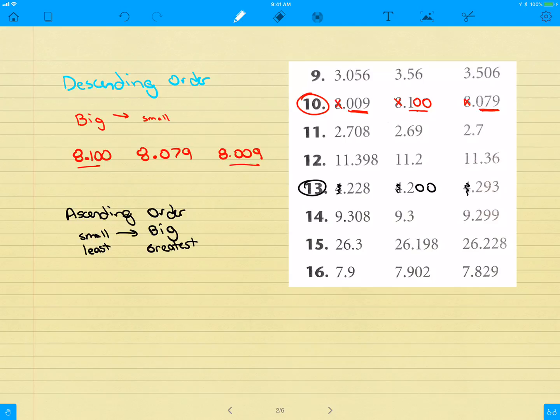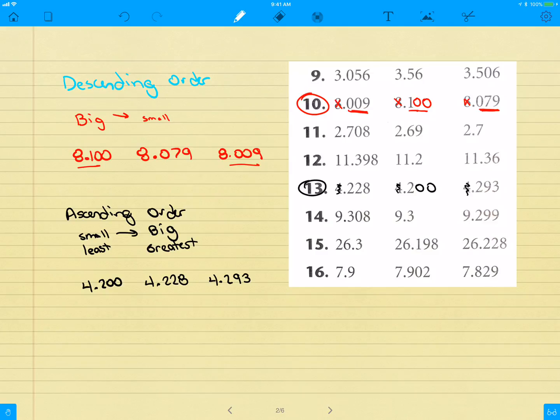But now comparing which one is technically the smallest number, I would actually say it's 4.200. It's 200, right? The next smallest number is 4.228, and then the biggest number would be 2.93, because it's almost 293 after the decimal point.